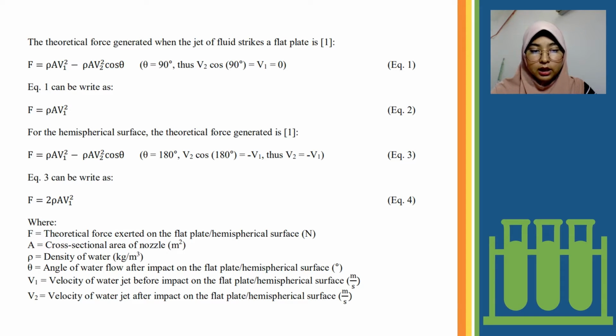Theta is the angle of water flow after impact on the surface. V1 is the velocity of the water jet before impact, while V2 is the velocity of the water jet after impact.